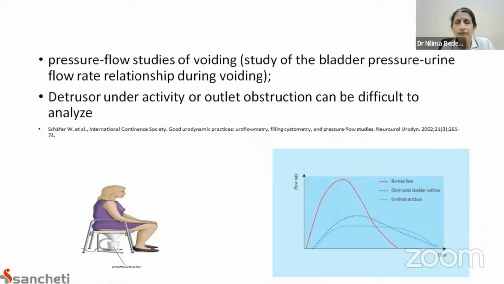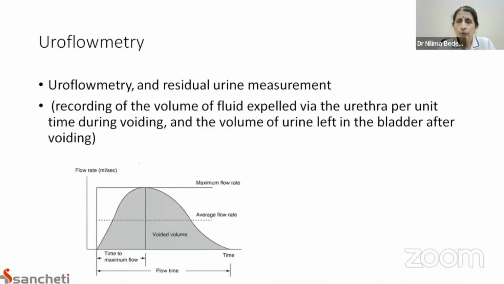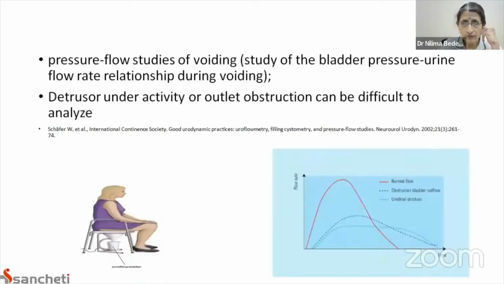That will be evident if it is not a continuous flow. So we get to know a lot from the uroflowmetry test, and it is non-invasive. This non-invasive test reveals a lot about the pressure and the flow, and how much time is required for the ml of urine to be voided.